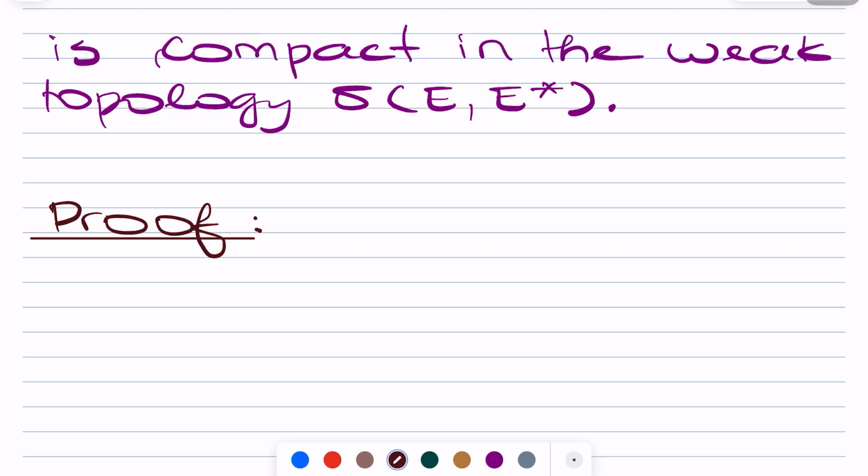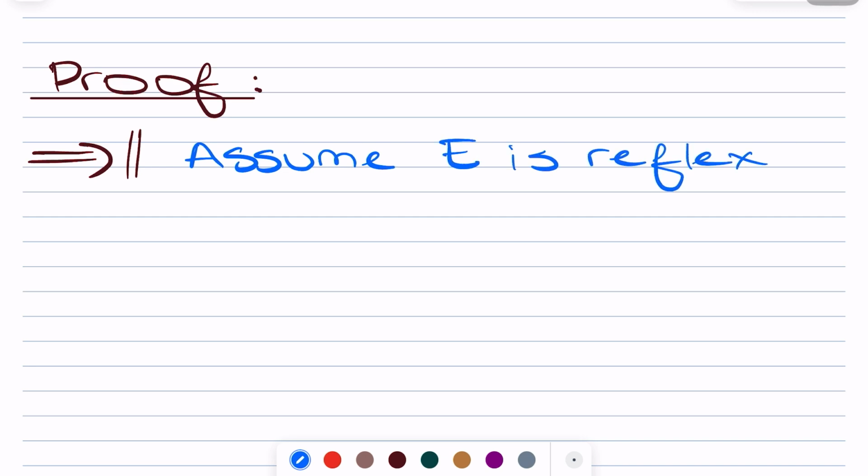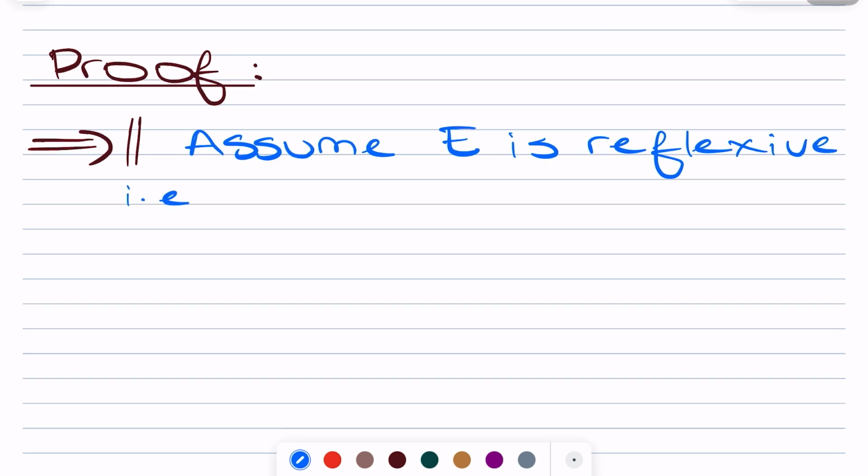Of course, we start with the easier part, right? So we start with the simplification. So assume that E is reflexive. This means that the image of E is equal to the bidual, right?